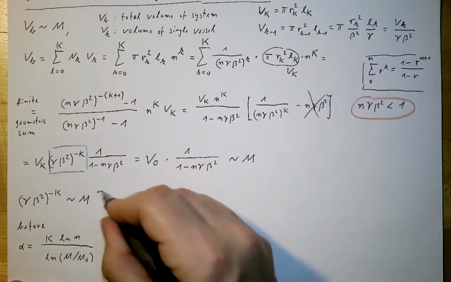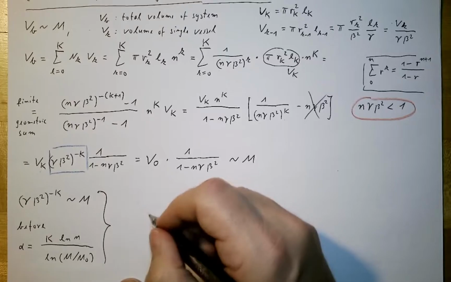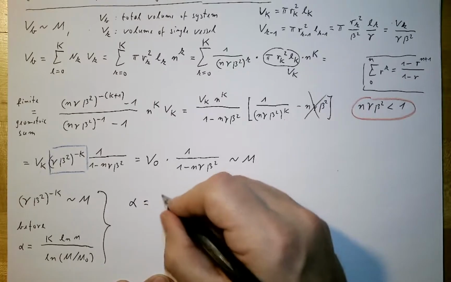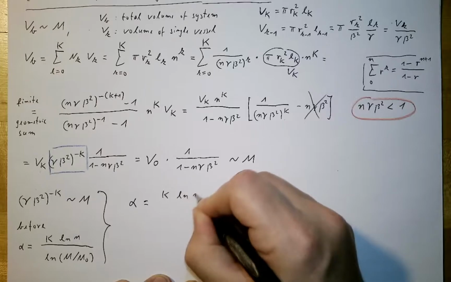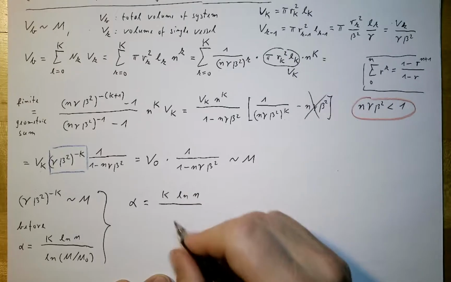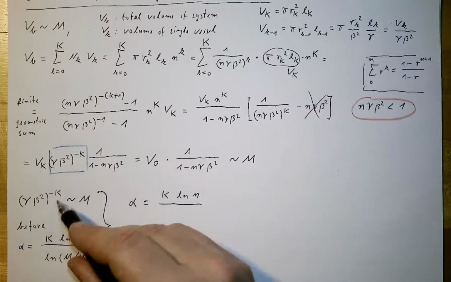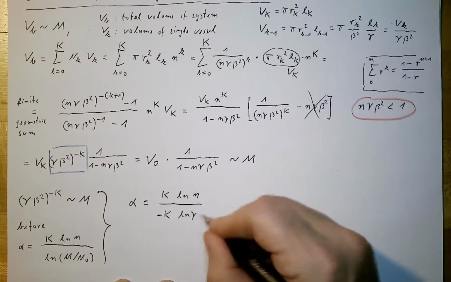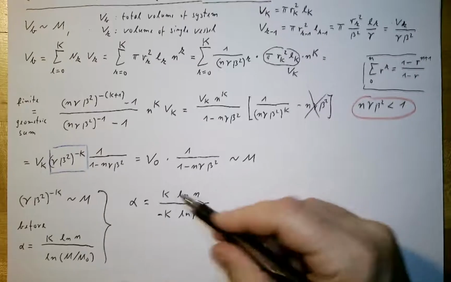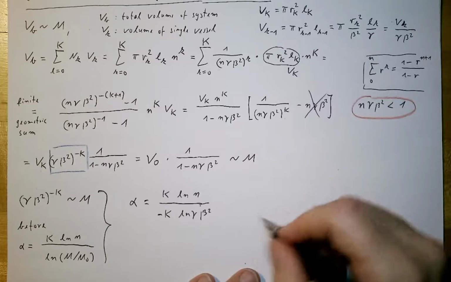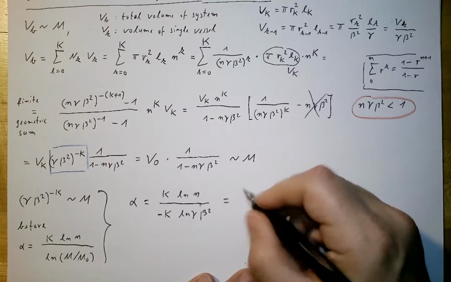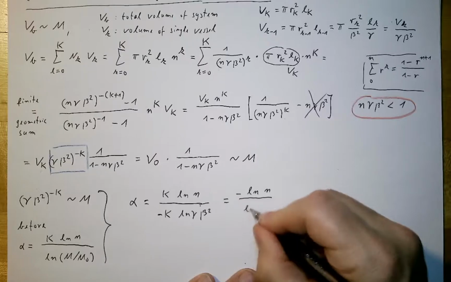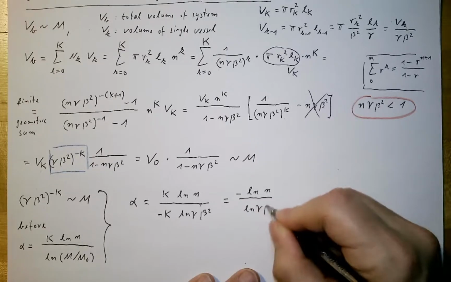Taken together, we see that our alpha, the exponent we are interested in, equals k ln n, divided by, now we put in this here for the mass, the logarithm of (gamma beta squared) to the minus k. The k's cancel, and we are left with our critical exponent being minus the logarithm of n divided by the logarithm of gamma beta squared.